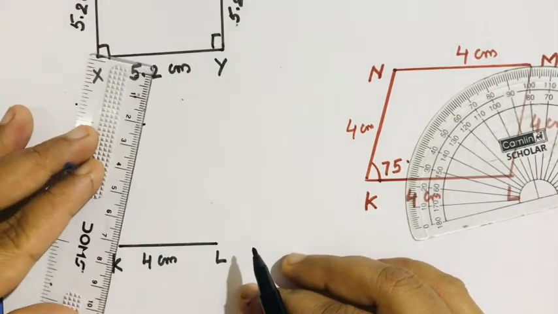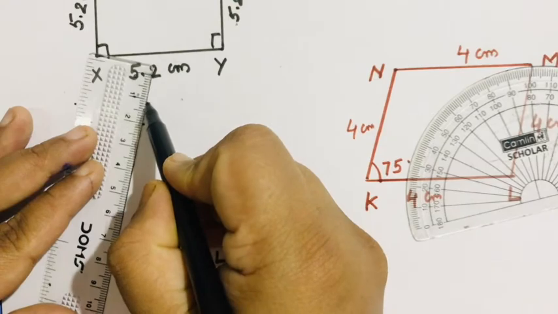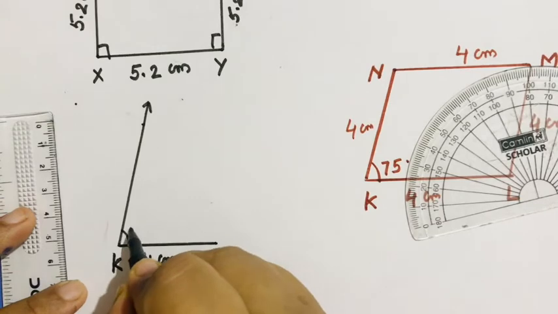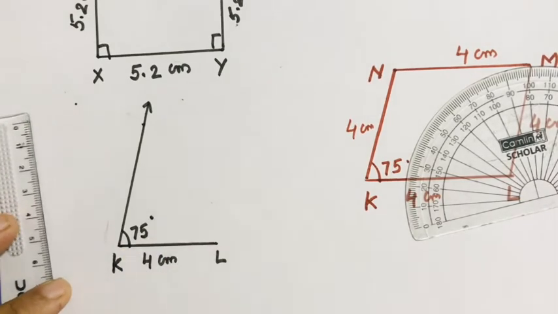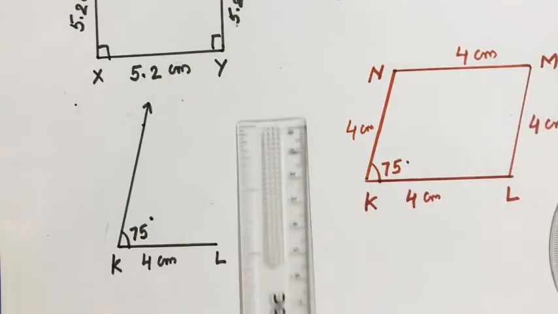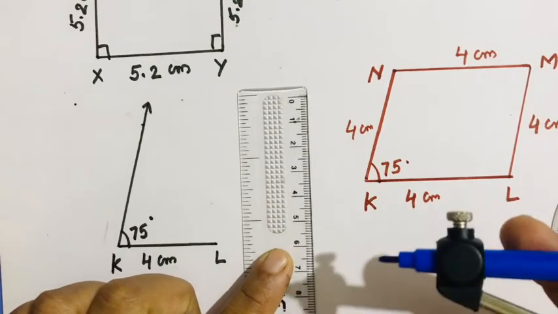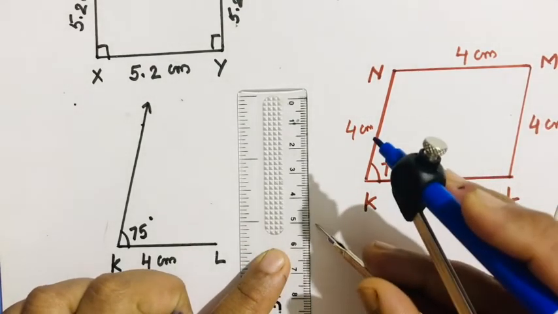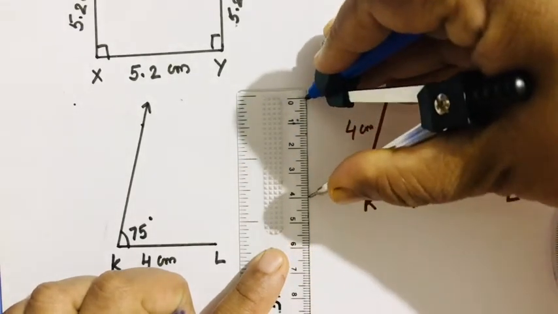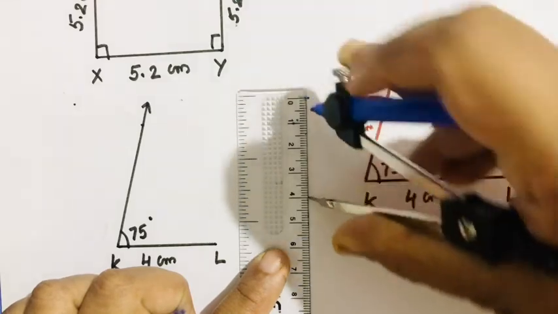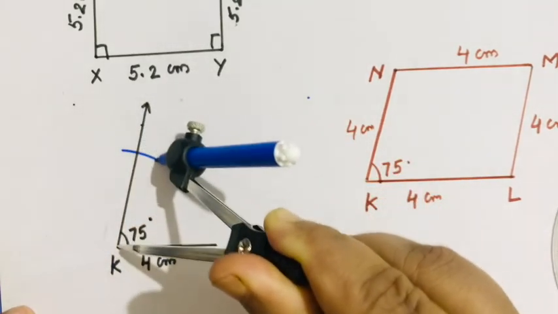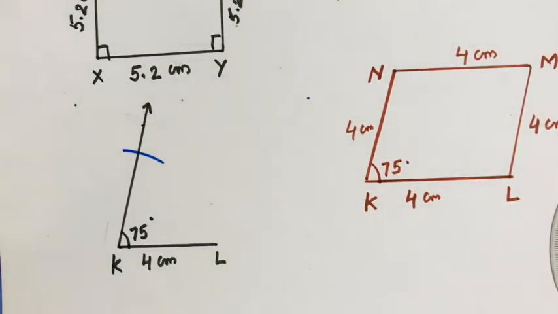Draw a ray. Angle K is 75 degrees. Now take a distance of 4 centimeters on your compass. From point K, draw an arc of 4 centimeters. This is your point N.